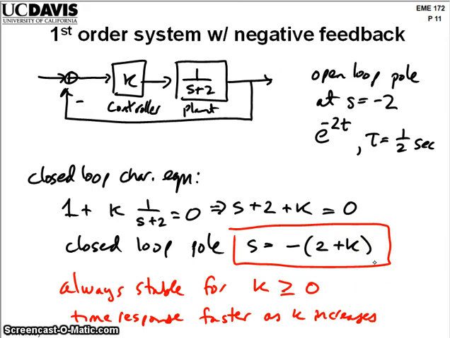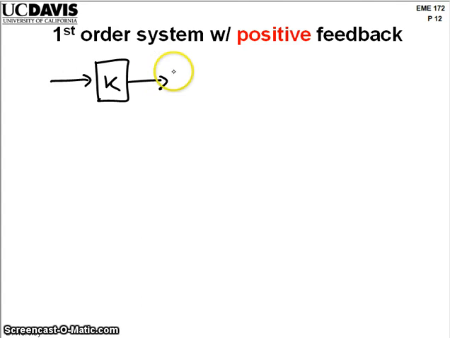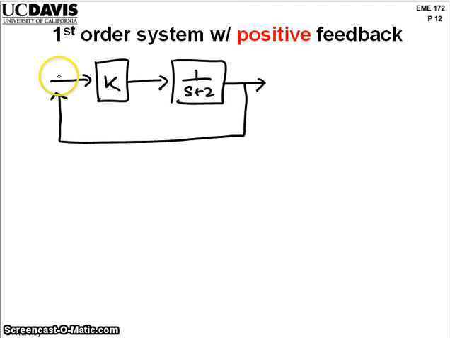Okay? But now suppose that we put this thing into positive feedback. So same system, same proportional controller gain, same plant. Okay, but now I have a positive feedback loop. So it turns out that I could basically write down the closed loop characteristic equation in positive feedback.